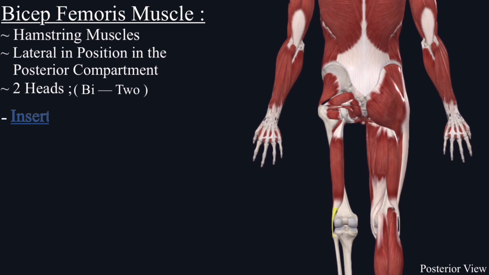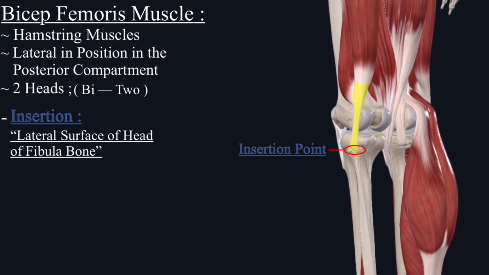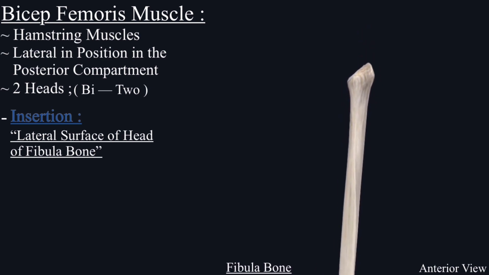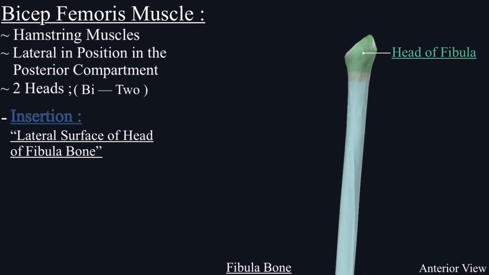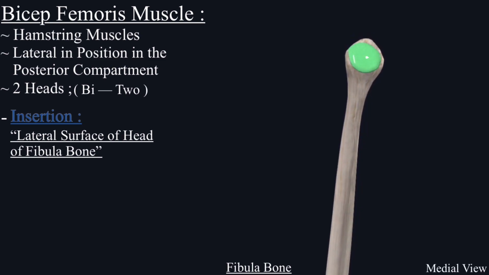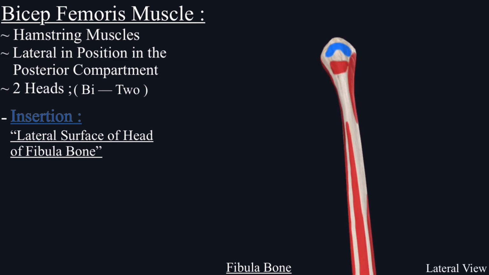Next is the insertion. It is inserted on the lateral surface of the head of fibula bone. This is isolated fibula bone with the anterior view. This is the head of the fibula bone. The medial surface of the head is attached to the tibia bone, while on the lateral surface is attached the biceps femoris muscle.